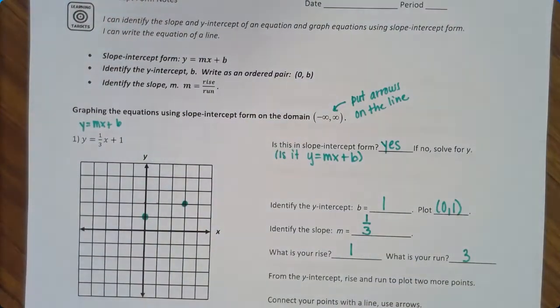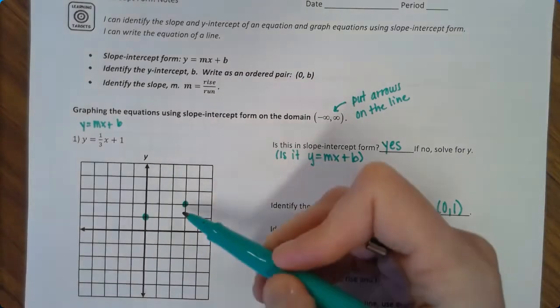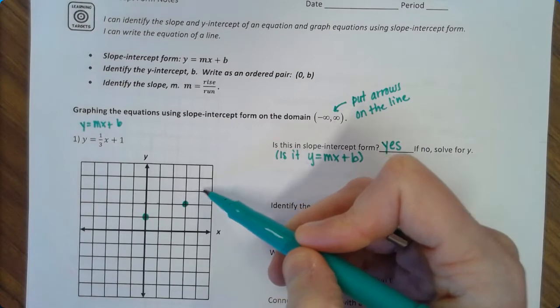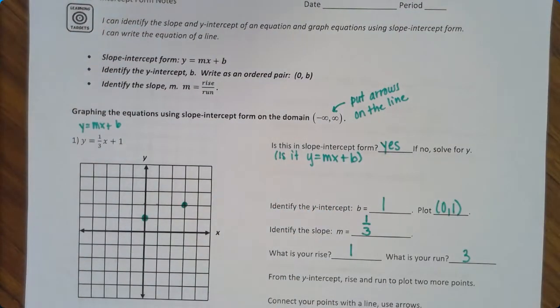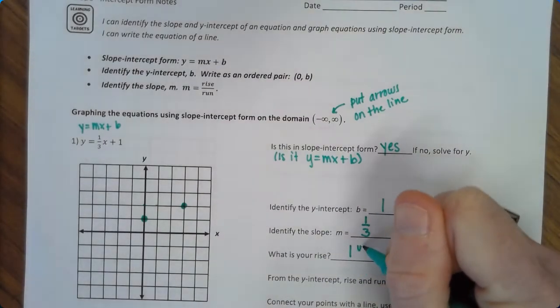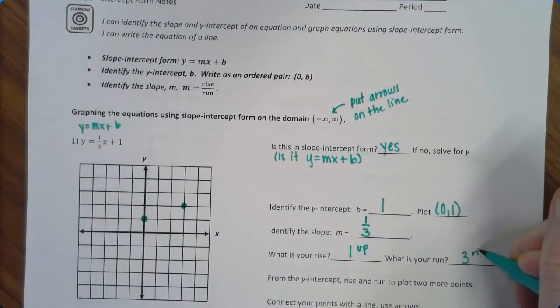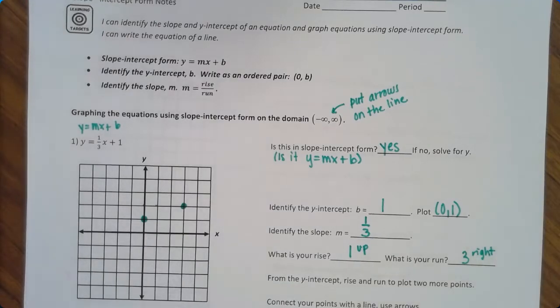And now it's saying plot 2 more points. Now notice on my coordinate plane here, if I try to go up 1 and over 3 to the right, that means that I would fall off this graph. So sometimes what we can do is reverse that. Right now we went up 1 and then right 3, but we can go ahead and reverse it.